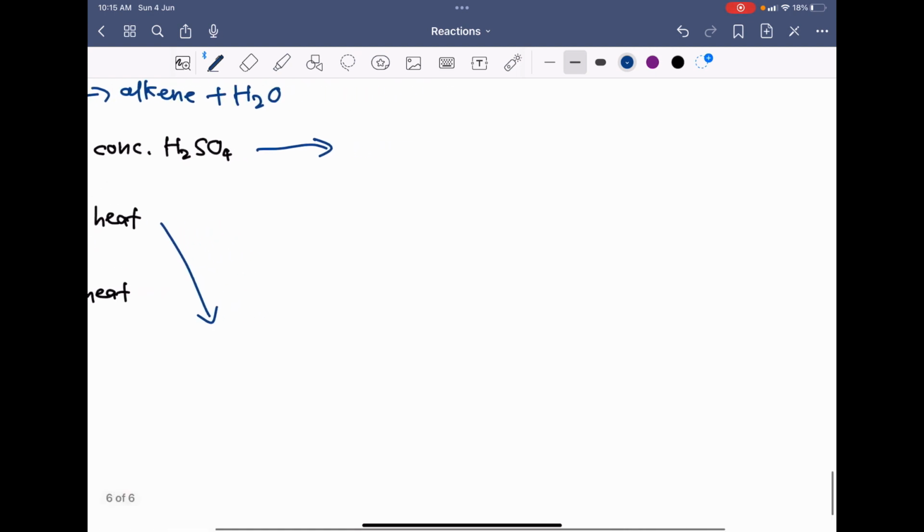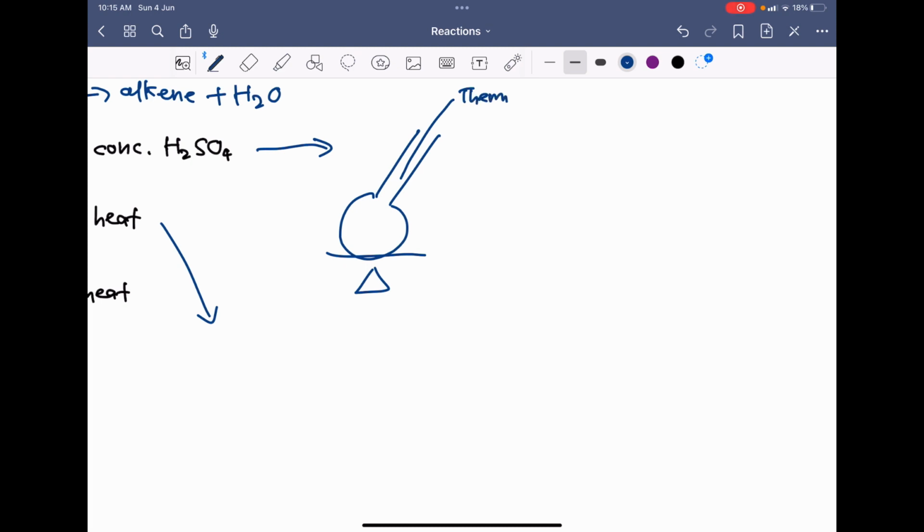So excess concentrated H2SO4. There's a whole setup. I don't really know if I should draw it, but the key idea is, okay, we have something like this, and then we heat it, and then there's a thermometer. Oh man, I should not be doing this.